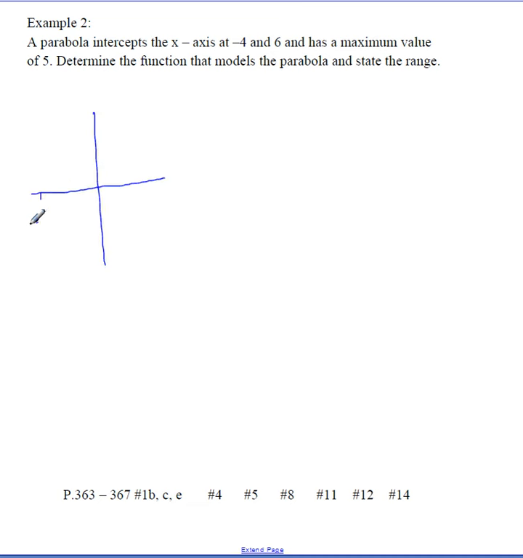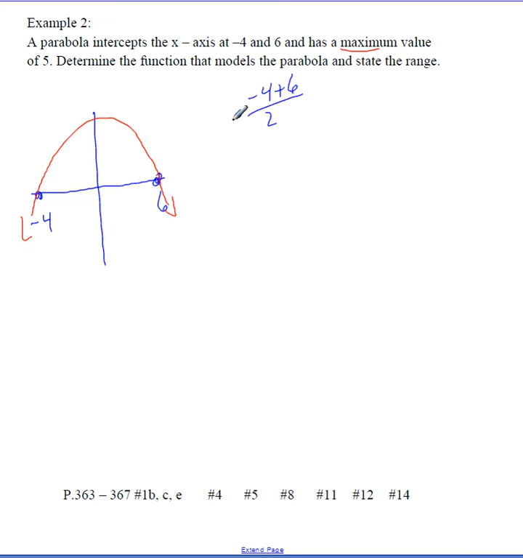So at -4 and 6, the graph cuts through, and we are told that has a maximum value, which means the graph must come up and come back down. Now to get the axis of symmetry, you take your two x coordinates and add them together and divide by 2.